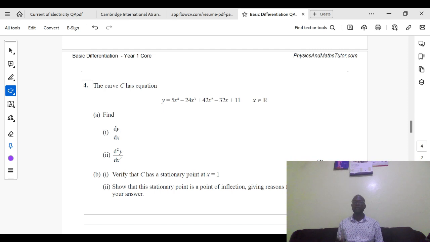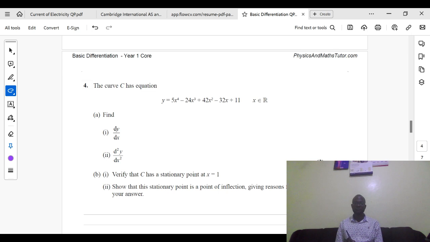So we will use the general rule that I have stated above to find that derivative. That is, we are differentiating y with respect to x.